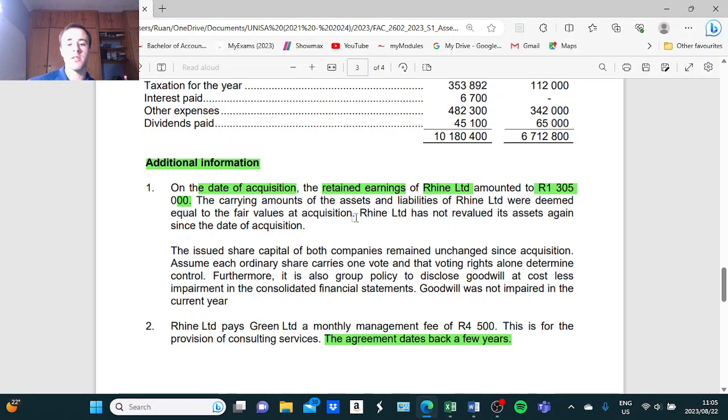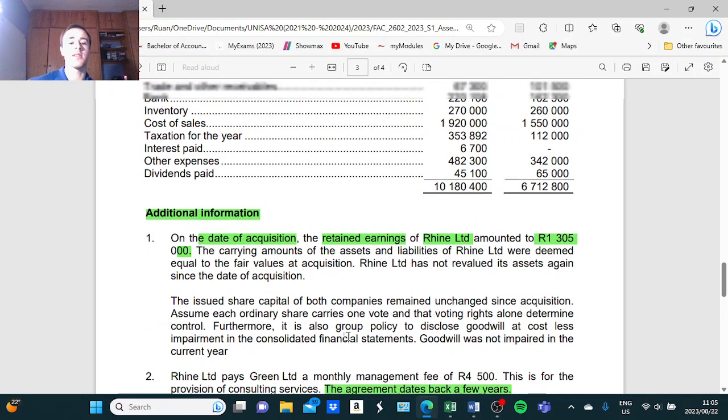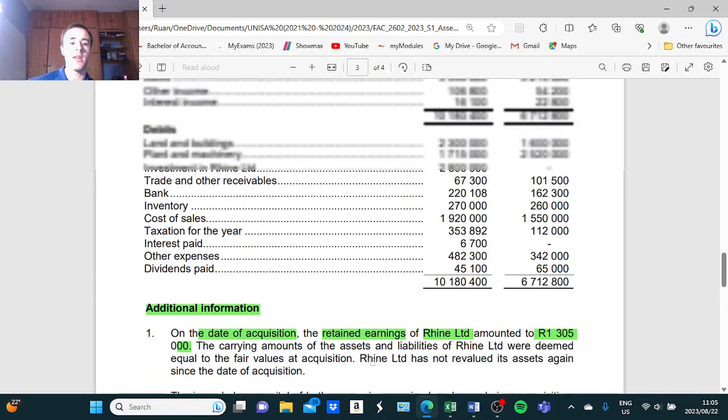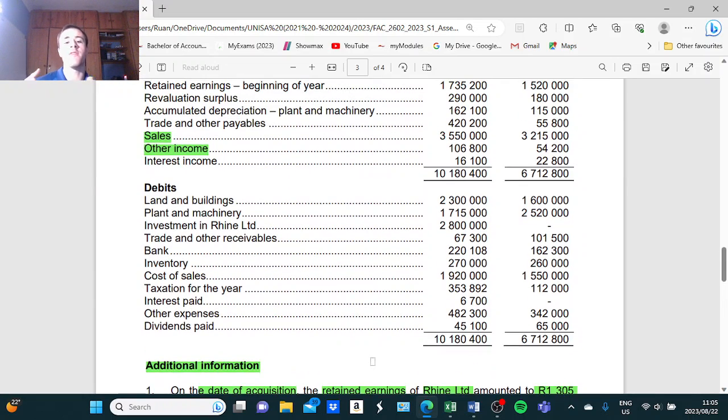The carrying amounts of the assets and liabilities of Ryan Limited were deemed equal to the fair values at acquisition, and Ryan Limited has not revalued its assets again since the date of acquisition. So meaning that there was no revaluation for the subsidiary after the date of acquisition.